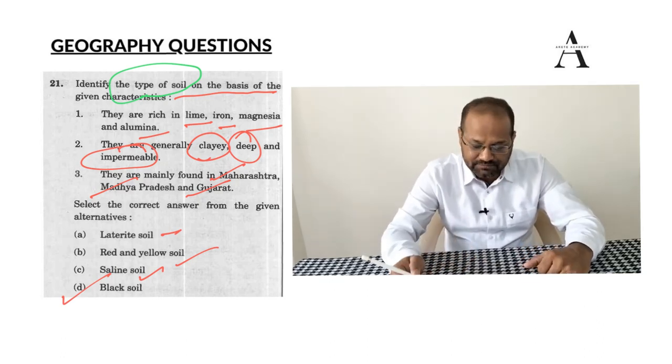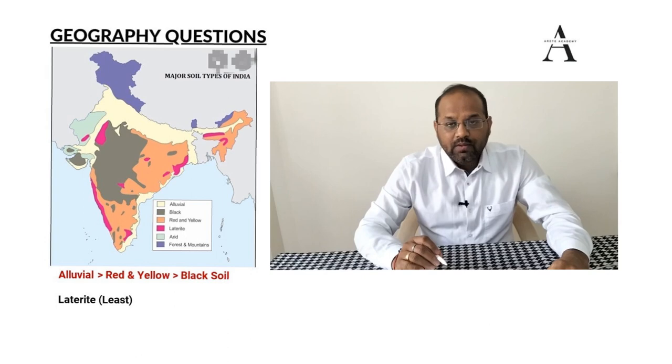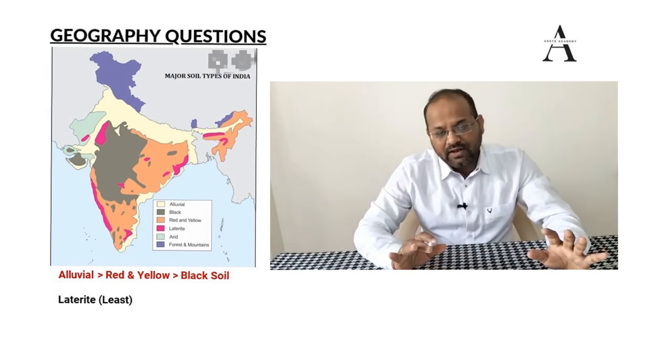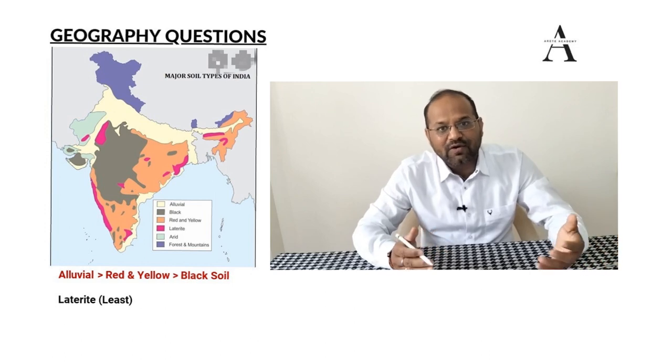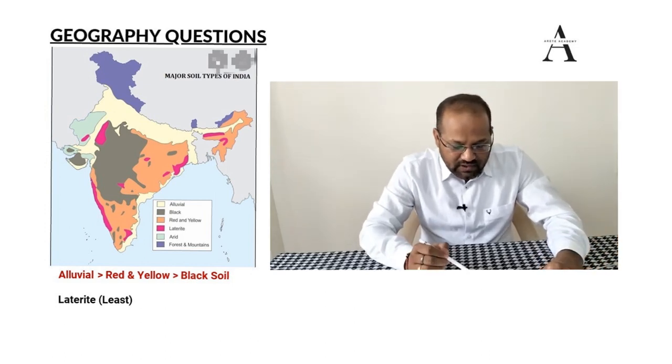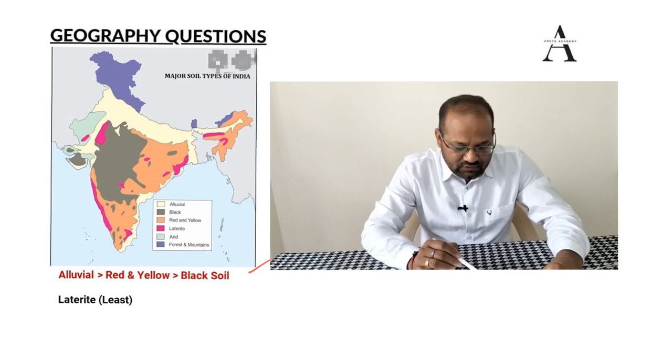Let's dig deeper. Now, we should know the major soil types in India. Then only can we either eliminate an option or know the answers, right? On this map you will find the major soil types. So alluvial soil is there. This is mountain soil, forest and mountain soil. Then we have alluvial soil, black soil, and red and yellow soil.